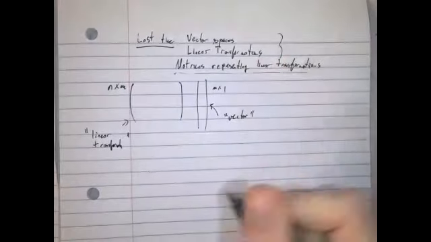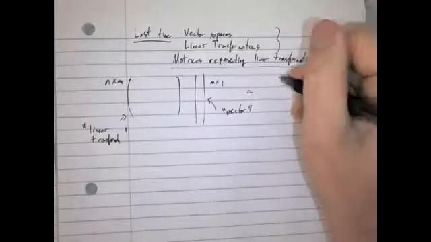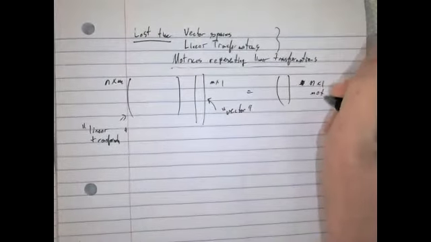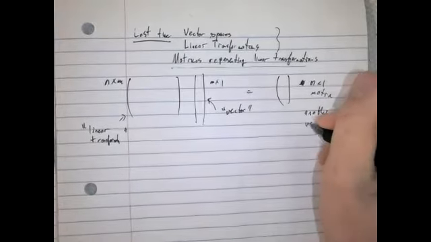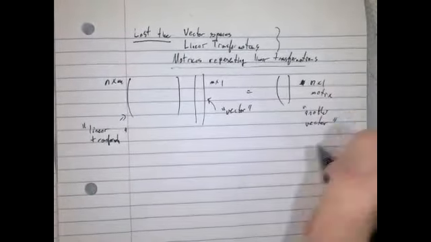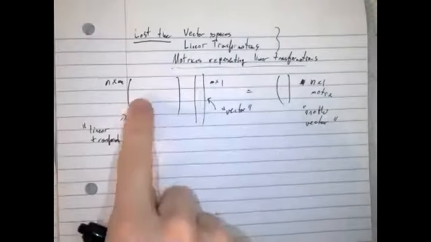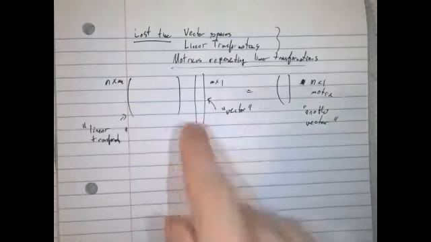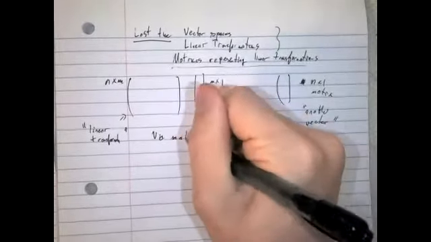It's also a matrix, but we think of this as a vector. And then this will give out an n by 1 matrix, which is another vector. And the rule is, how do we get this new vector from this matrix and this vector? We do matrix multiplication.